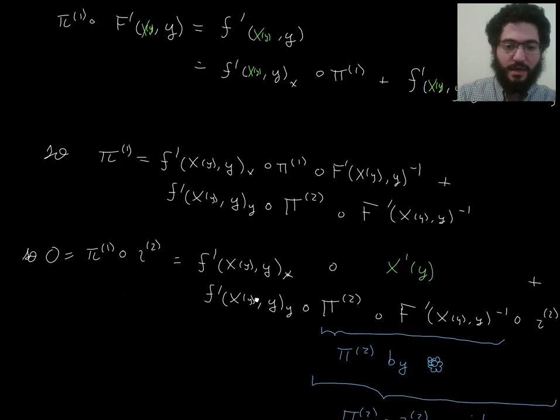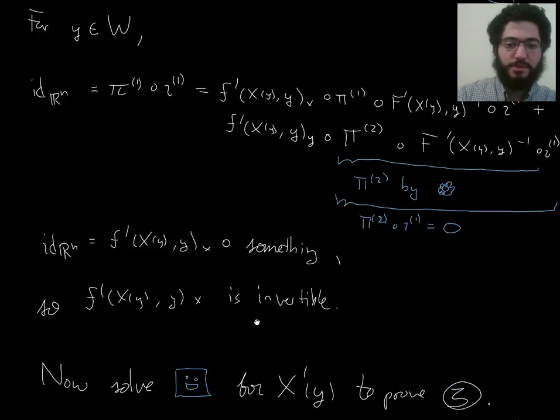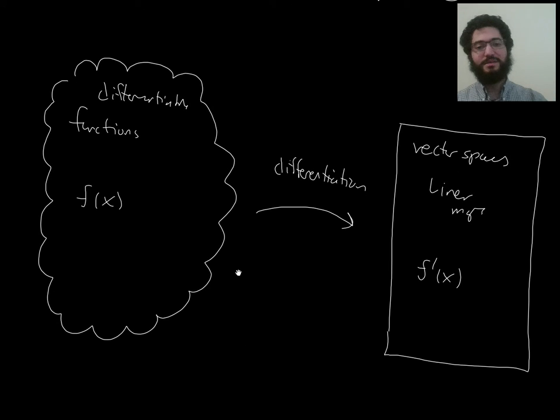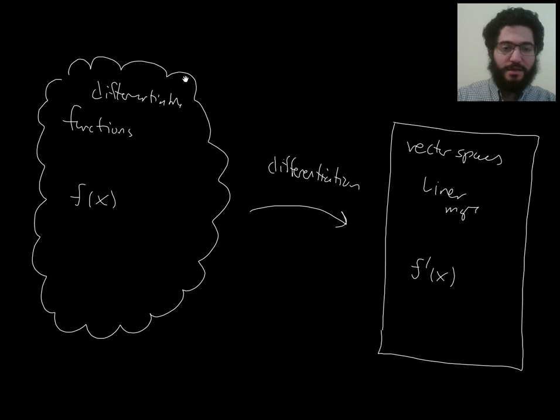And I want to make the point that this is a general principle. So I made this drawing here. If there's one thing that you come away with in 118A, B, and C, I would hope that it's this. On the left side here, I've got this cloud, which represents the world of things you study in analysis. So maybe differentiable functions, or C1 functions, or whatever.